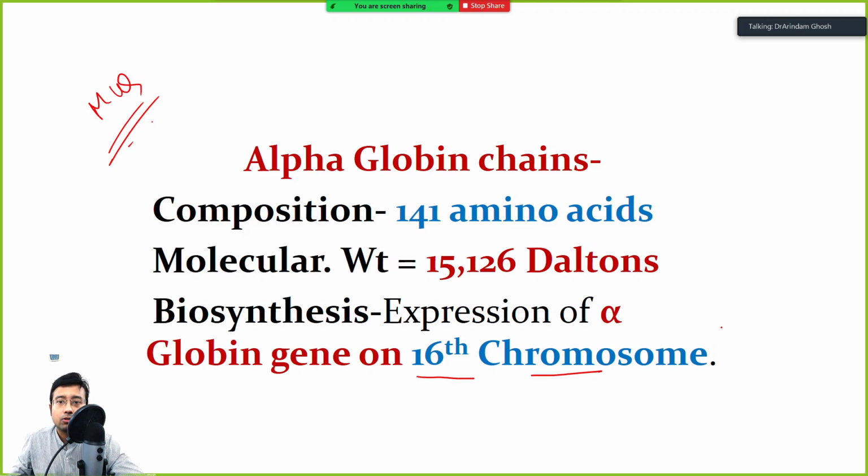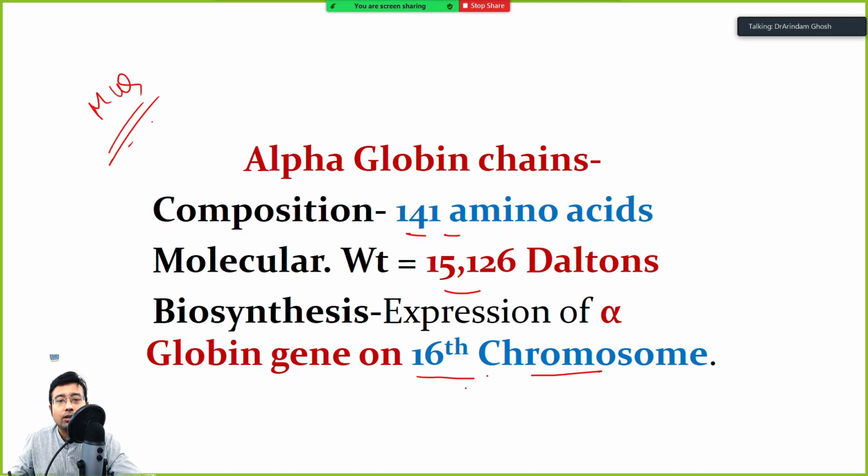This is a must know. Alpha globin has 141 amino acids and about 15,000 Dalton, which you may choose to forget. Nobody will become a scholar remembering the molecular weight of alpha globin. It is just given in the textbook and I have quoted it because I need to.